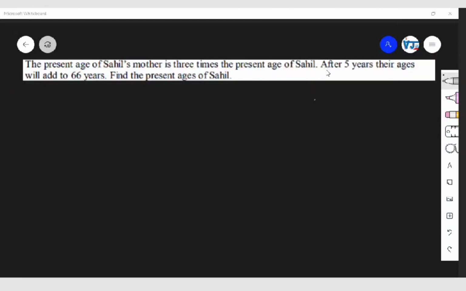Now see students, which one do we have to take as x here? Sahil's mother is x or Sahil's age is x? Yes, because Sahil's mother is compared with Sahil, no?